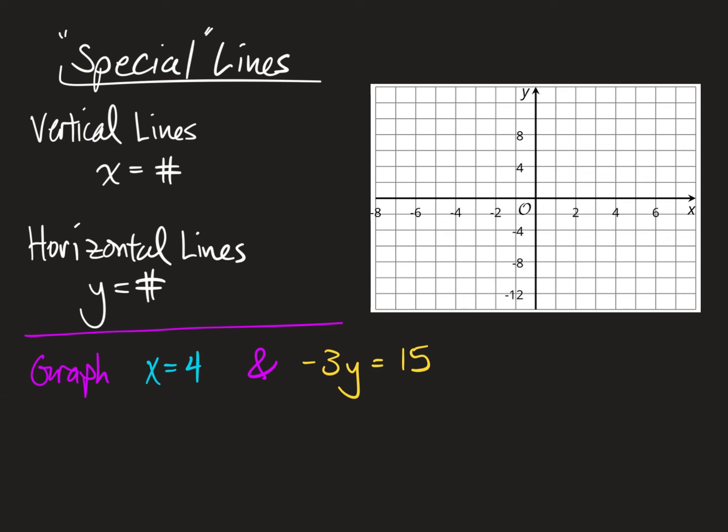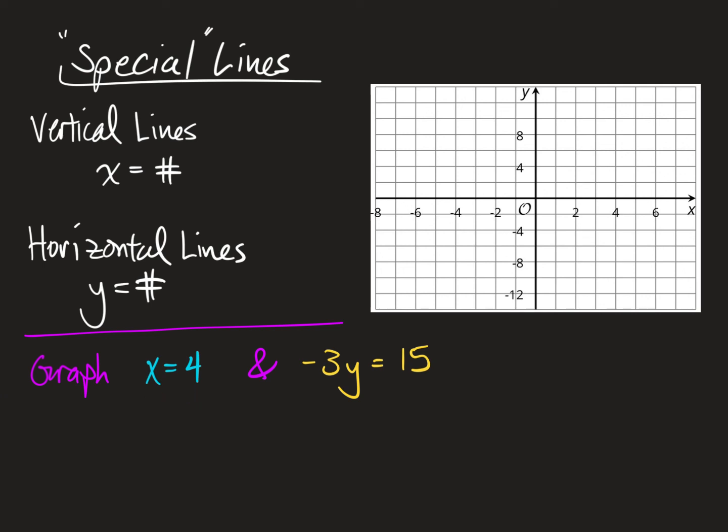And part of the reason why that happens is because the equations both have an x and a y. Now, what does that mean for the equations you see in front of you down here? This equation only has an x. So this linear equation, when we graph it, should only have an x-intercept.